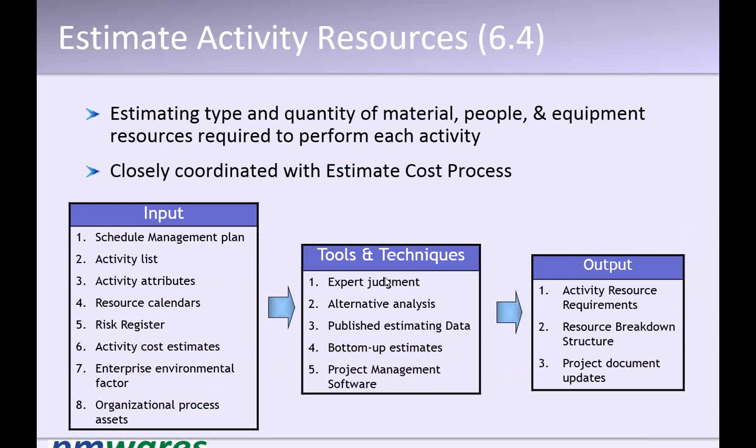So you look at this, we have some tools like alternative analysis. Alternative analysis is required because there is a fair possibility the resource we are looking for may not be available. A less experienced resource or a highly experienced resource, or that skill is not available, then we have to find alternatives, what else can be done. A particular skill we are looking for, but that skill is not available right now.